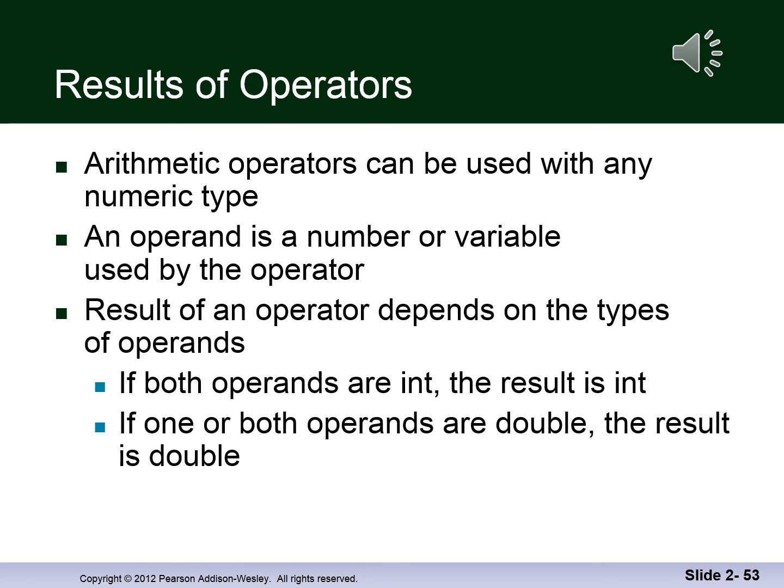If one or both operands are double, the result is a double. This can get tricky, and in almost every class I've ever taught, students have gotten tripped up by this particular nuance of C++. And we're going to talk about this at great length moving forward.